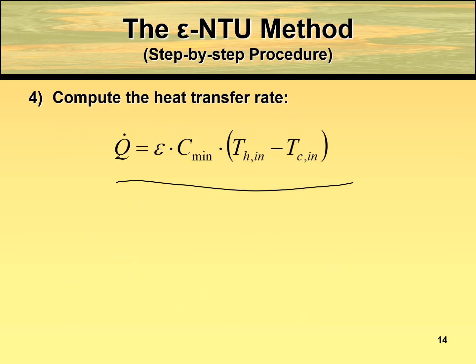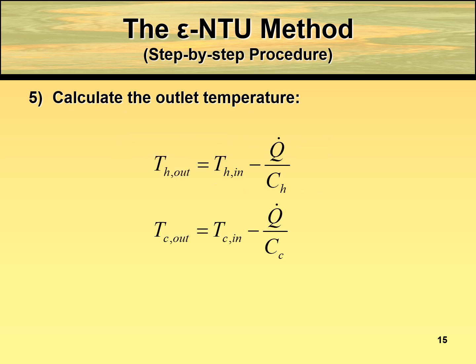Finally you have to compute the rate of heat transfer by using the equation Q equal to effectiveness times C min times TH in minus TC in, which is Q max. So this is Q max.